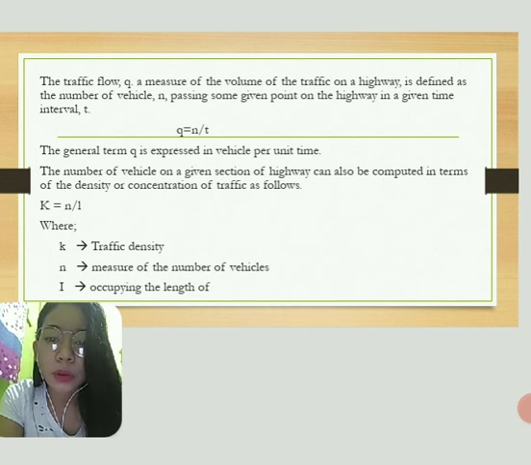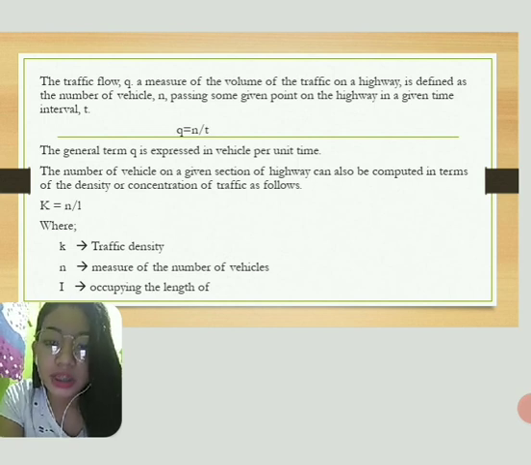The traffic flow, or Q, a measure of the volume of the traffic on a highway, is defined as the number of vehicles N passing some given point of the highway in a given time interval T. The equation is Q equals N over T, or the traffic flow is equal to the number of vehicles over the time interval.